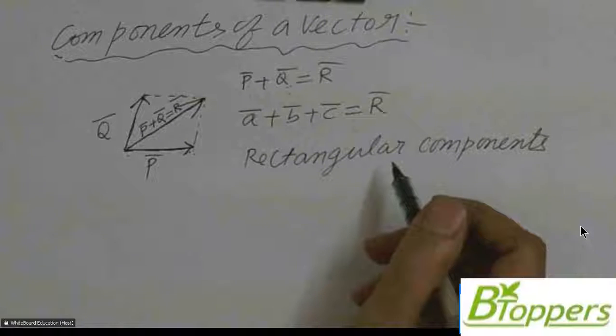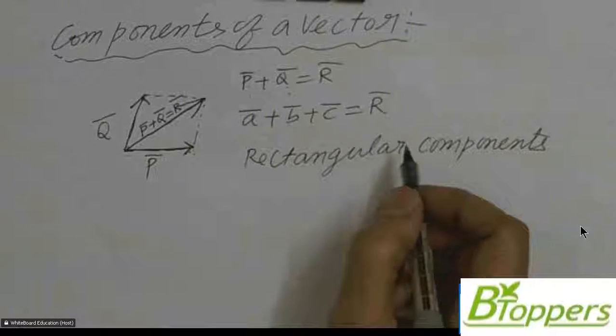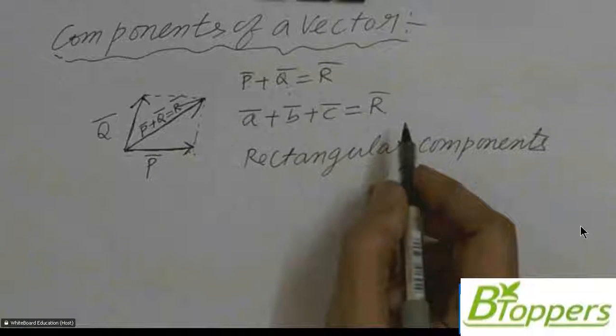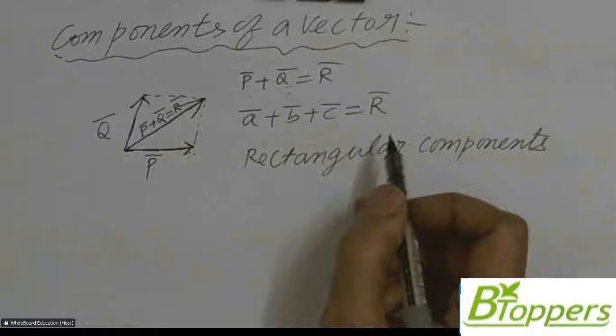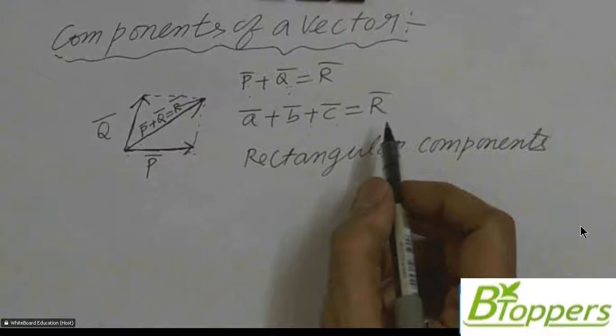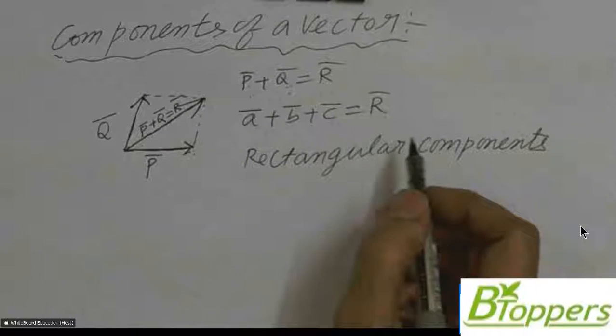So next I am going to discuss how a given vector can be expressed in terms of its two rectangular components and the unit vectors along the coordinate axis.